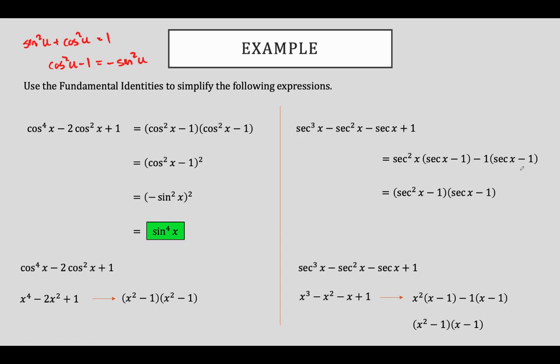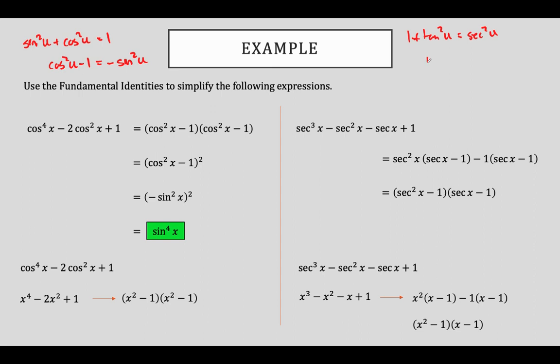Well, we've got some pairings of squared trig functions and ones. That should make us think about our Pythagorean identities. We had the Pythagorean identity 1 plus tangent squared u is equal to secant squared u.